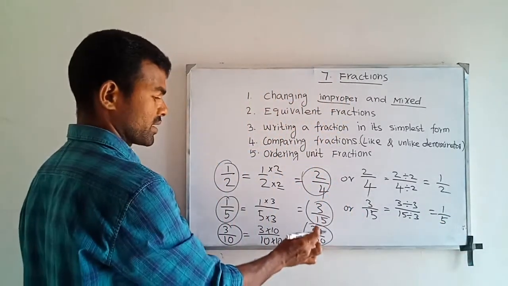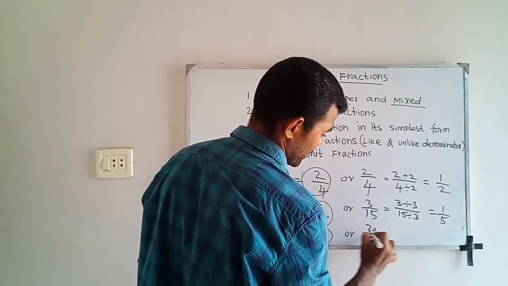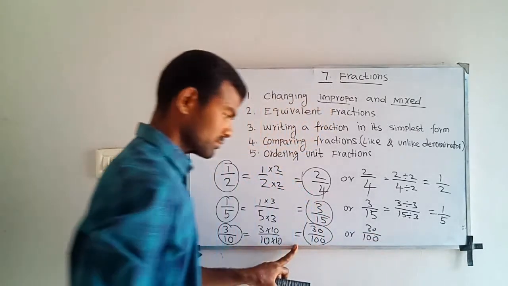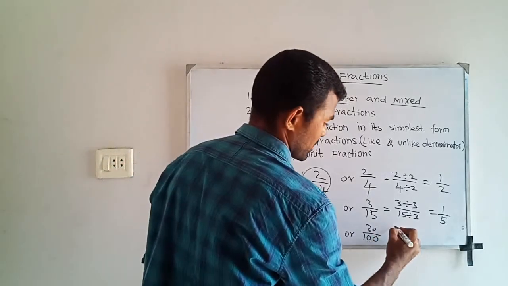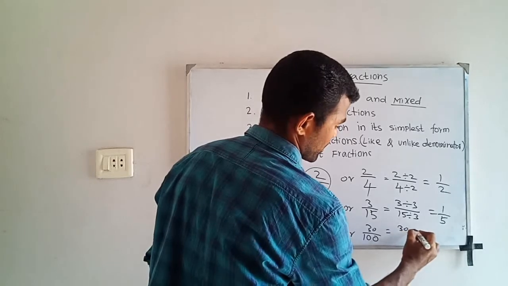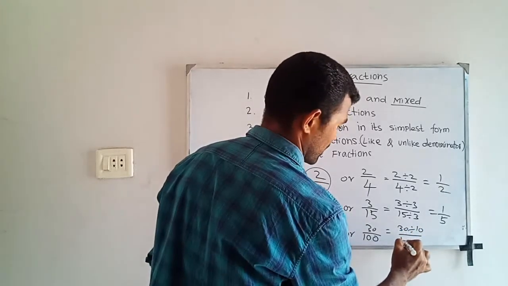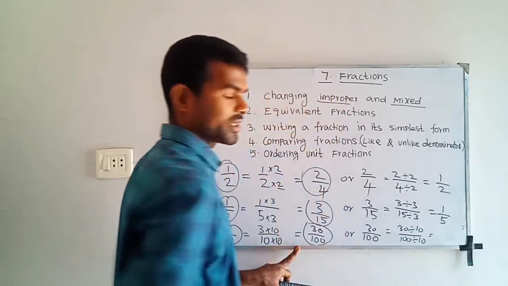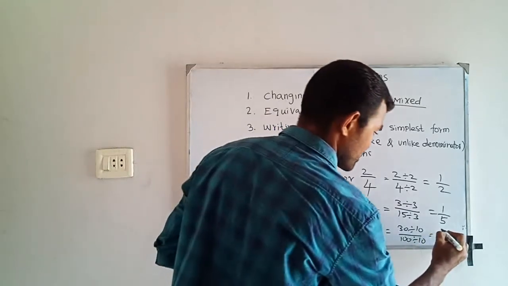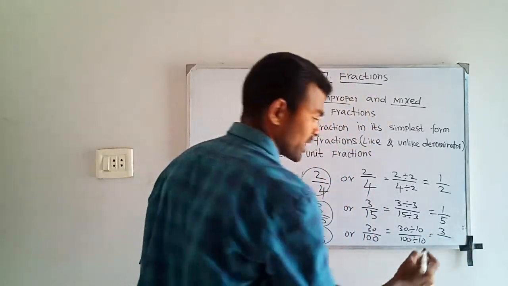And the last number, 30 by 100. Divide both the numbers by 10. 30 divided by 10, and 100 divided by 10. In 30, 3 times we can divide. In 100, how many times can we divide by 10? 10 times we can divide. Yes.